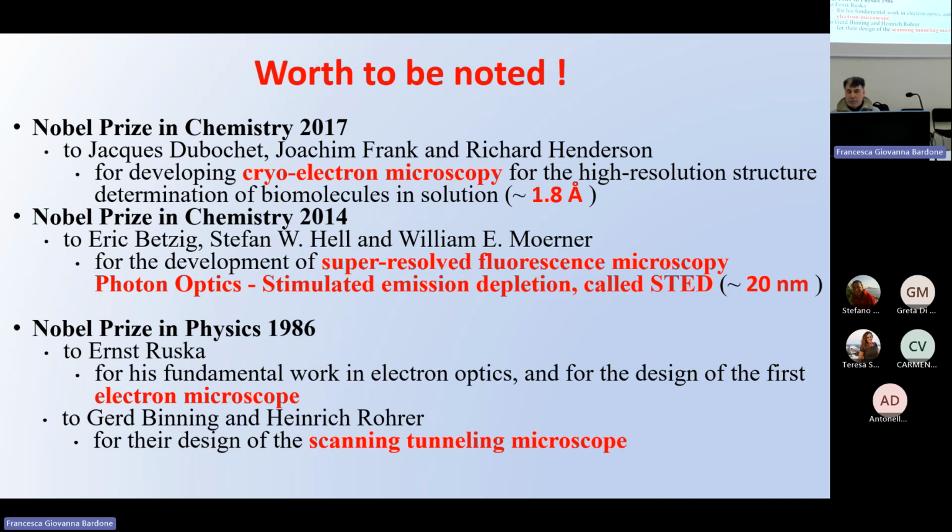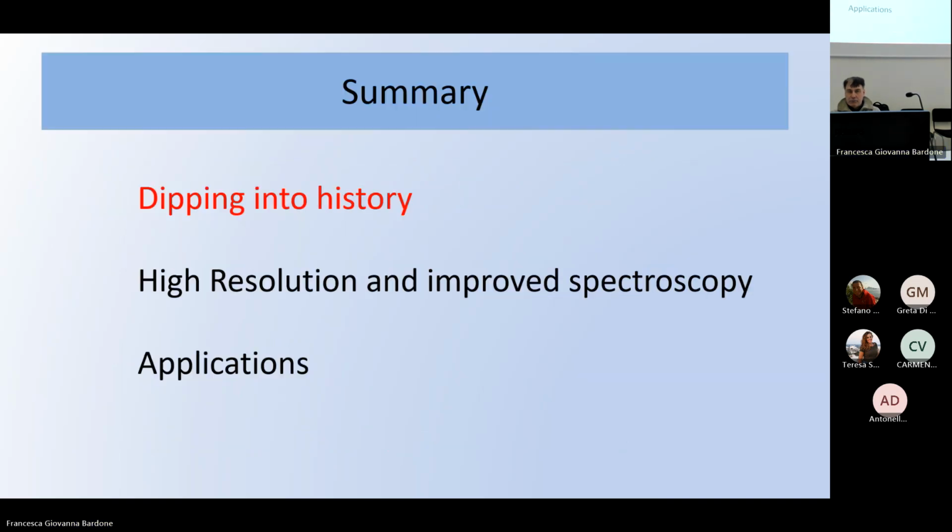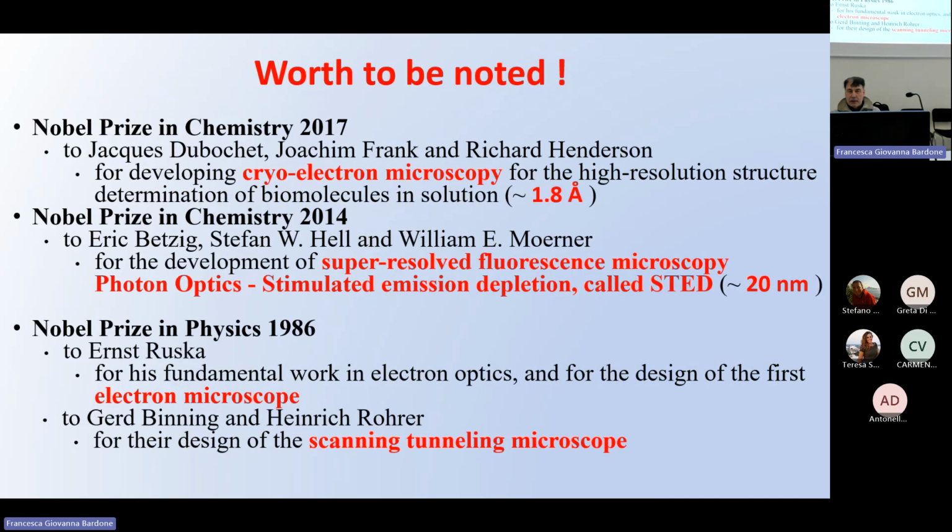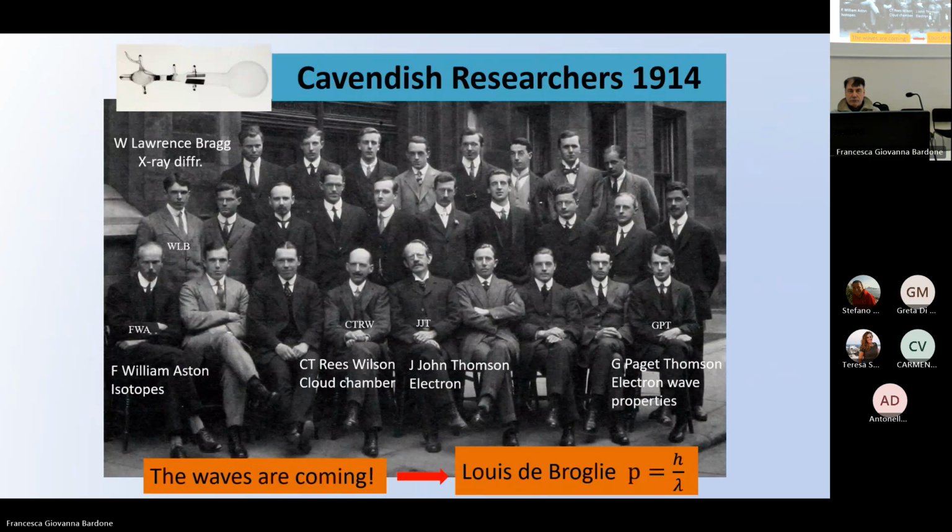But the prize was shared with Binnig and Rohrer, who at the same time developed the scanning tunneling microscope and the atomic force microscope. So the first recognition of microscopy was in 1986, both for electrons and atomic force.